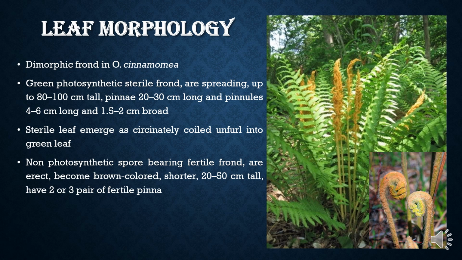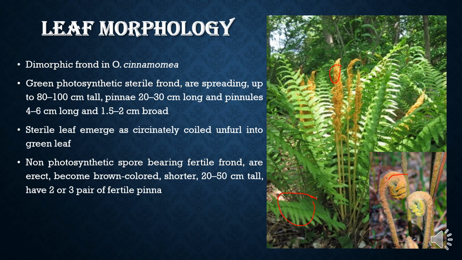This is the species which has erect dimorphic leaves. We see these are the fiddleheads of the vegetative leaves, that is the sterile leaves. These green ones are the sterile leaves, and they have a pinnately compound leaf with pinnate leaves, and these golden brown fronds are the non-photosynthetic spore bearing fronds.